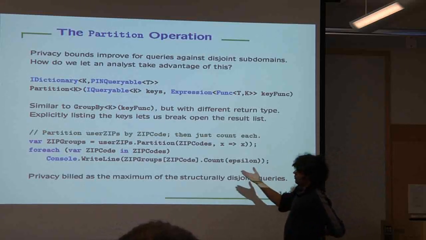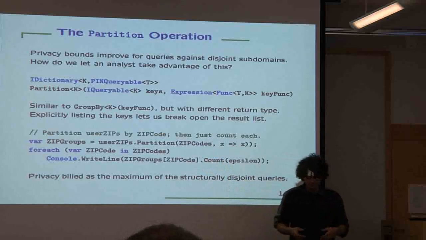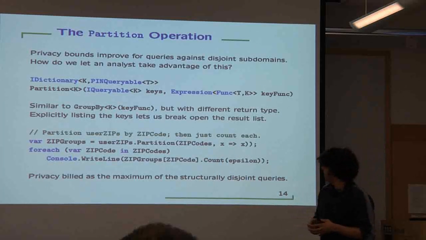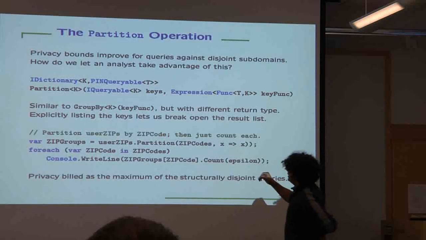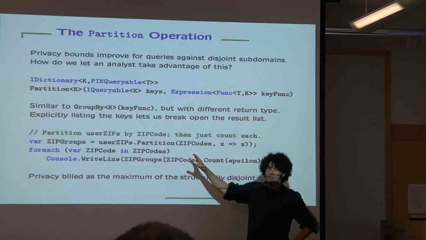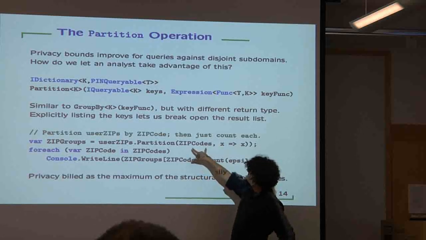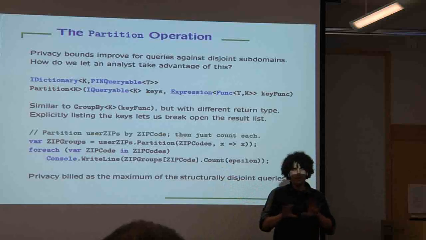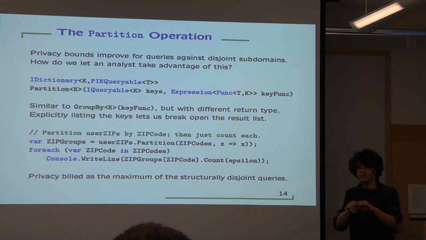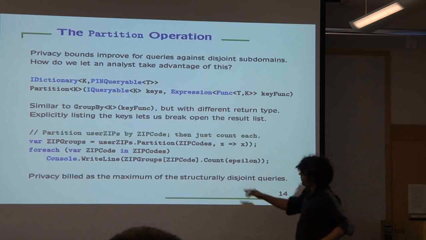So whereas previously, for example, we took these zip codes and we counted how many zip codes have at least 10 people searching for cricket in them, this is a similar but importantly different computation that takes this data set of zip codes and shatters it by zip code, essentially. So we say for each of the zip codes, give me a separate data set containing those records with the associated zip code. And I'm going to count each of them independently.